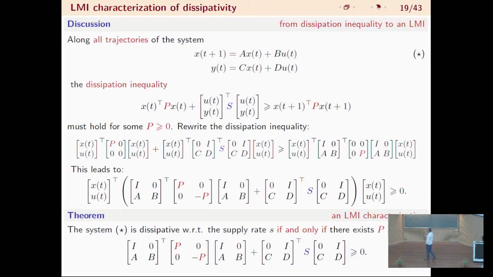Which means that the system is dissipative with respect to the supply rate given by S if and only if there exists a semi-definite P such that this linear matrix inequality is satisfied. If I know the model, if I know A, B, C, D, and I know the supply rate, the only unknown here is P. And this last one is a linear matrix inequality. Agree?